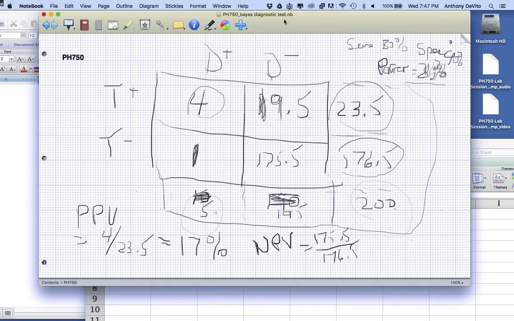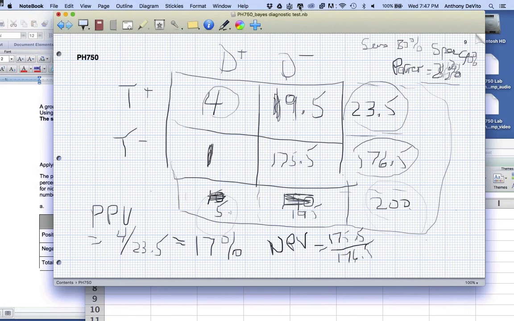So now I'm going to take it another step. The positive predictive value is what you get. What's the probability that a person has the disease, given that something else has occurred, that he's tested positive? What did we call that about a half hour ago? What were we referring to that as? That's a conditional probability, right?